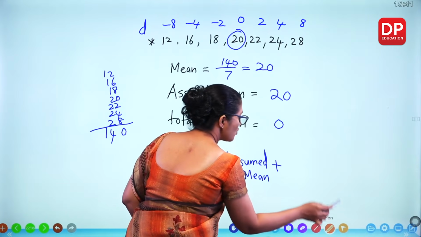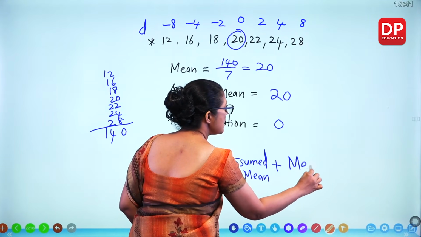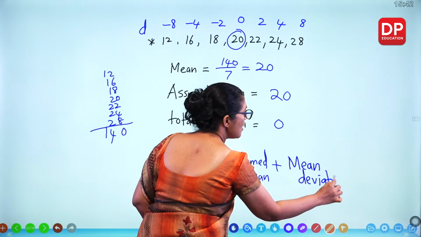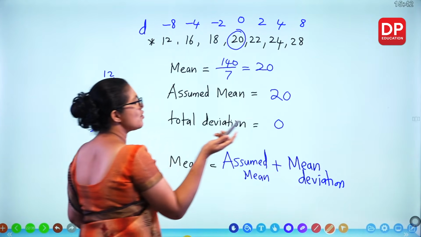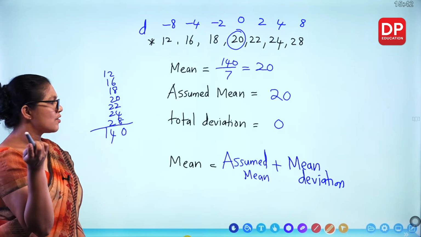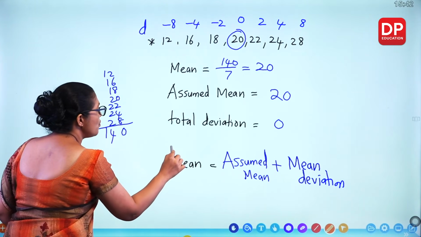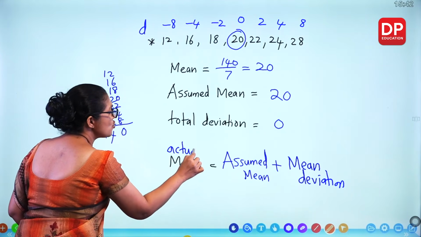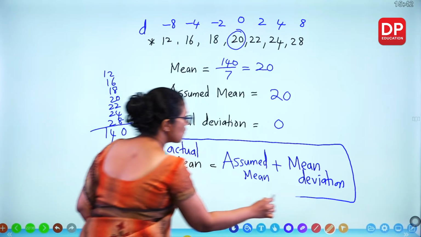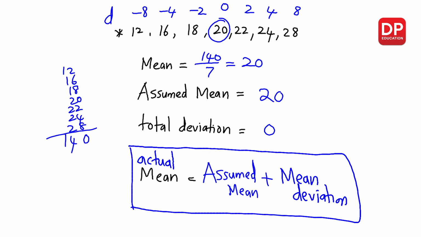So not total deviation, mean deviation. Here the deviation is 0. 0 divided by 7 is also 0. So you can find the actual mean value using this formula as well. Assumed mean plus mean deviation.